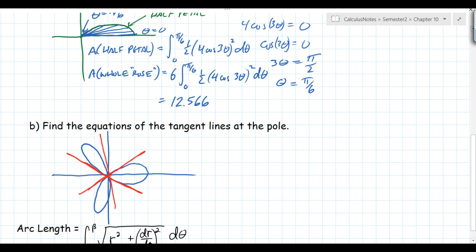Now you can choose to write your equations in rectangular coordinates using y equals mx plus b, or you could write the equations in polar form. Go ahead and work with a partner to figure out how you're going to come up with those 3 lines.